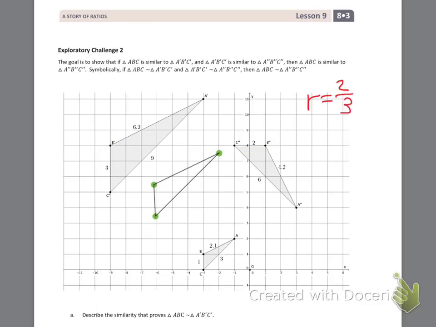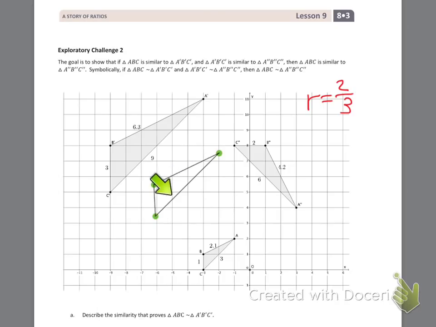Okay, so the dilated triangle ABC looks something like this. The coordinates are not exact. This is 7 1/3 on the y, and this is 5 1/3 and 3 1/3. Okay, so I used the coordinates and I dilated that triangle.